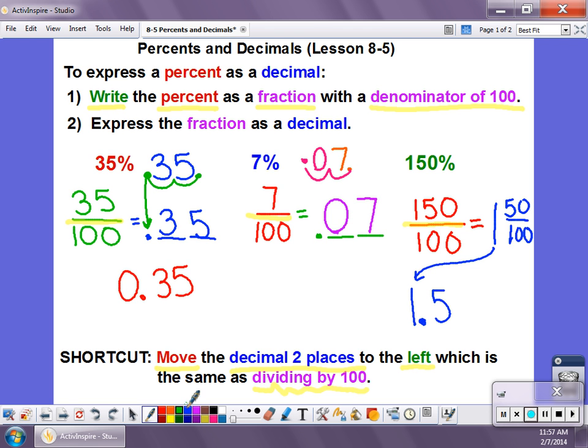We're going to start off with 150, and my decimal point is here. What we're going to do is move that decimal point 2 places to the left. So we're going to go 1, 2, and my decimal point would be here, which is what we have. If you look all the way down there, that's what we got.